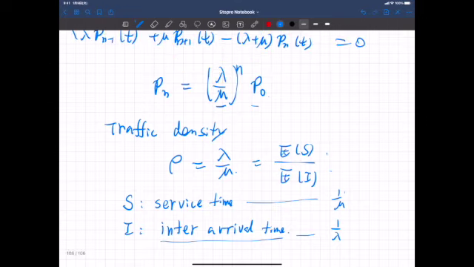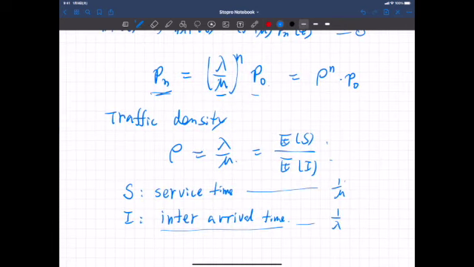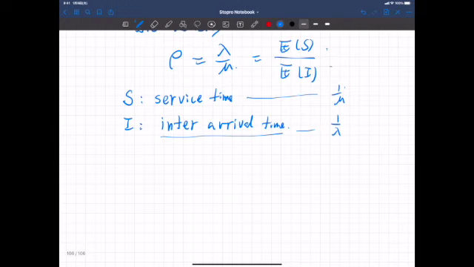Anyway, so this Pn is expressed as rho to the power of n times P0. This is the probability mass function of the number of customers. So that should imply the sum of all Pn's, n ranging from 0 to infinity, should add up to 1.